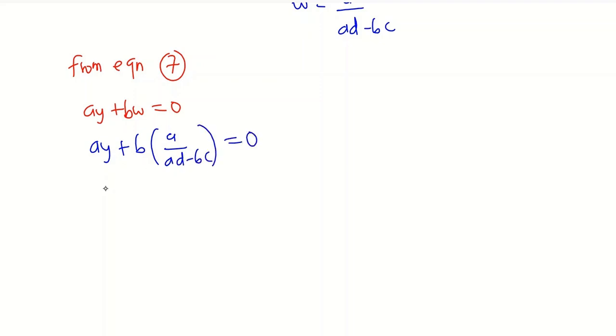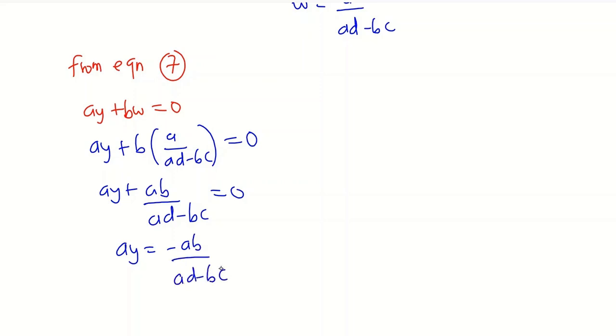When we multiply, we have AY plus AB divided by AD minus BC to be equal to 0. Now we bring AB divided by AD minus BC to the right hand side, and we have AY to be equal to minus AB divided by AD minus BC.